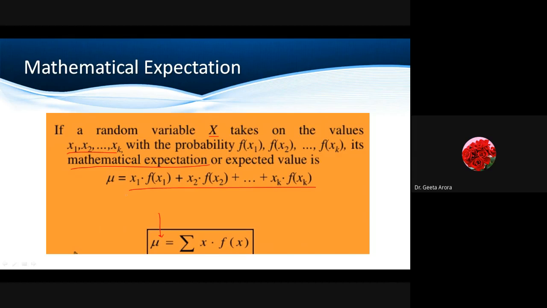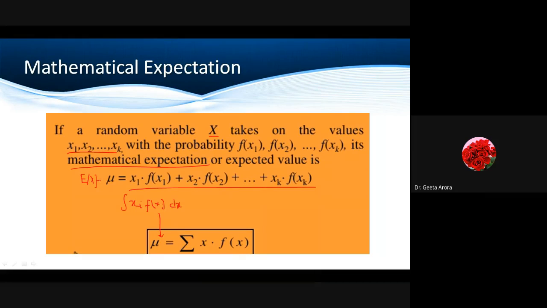If the same thing is continuous, I have to write the integral of x fx, and it is just the integration of x fx dx. Correct? So here, what I told you earlier, that it is E of X, is also known as the mean.